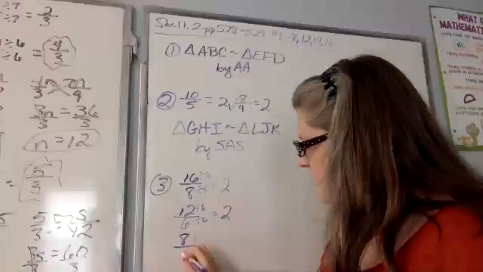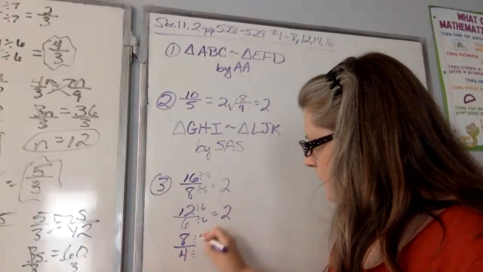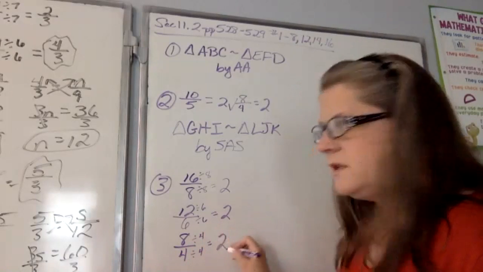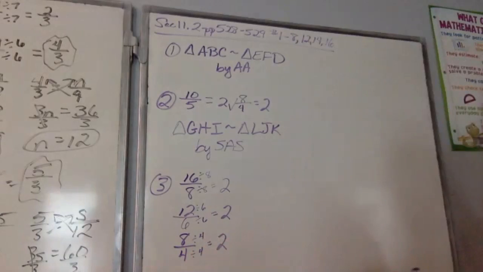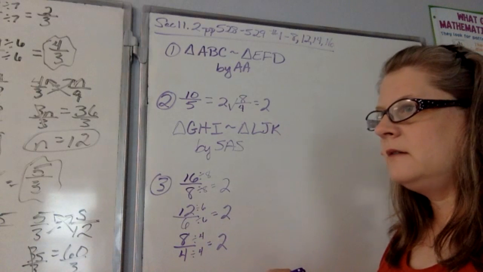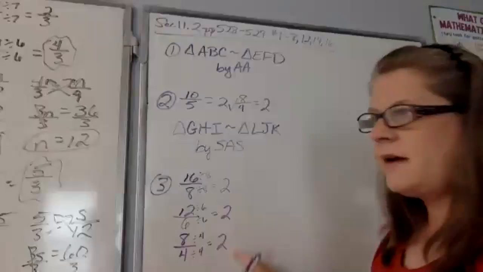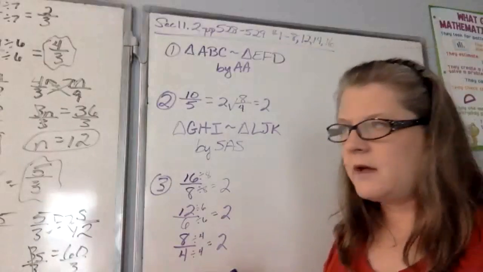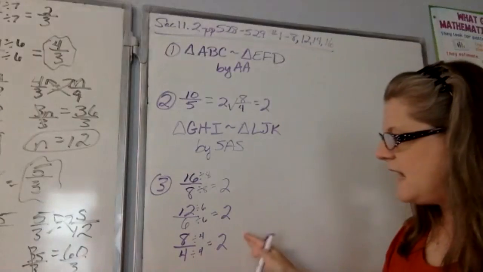And the smallest side in the little one? 4. So it still reduces to 2. Okay. So we have this here. So they're all the same.